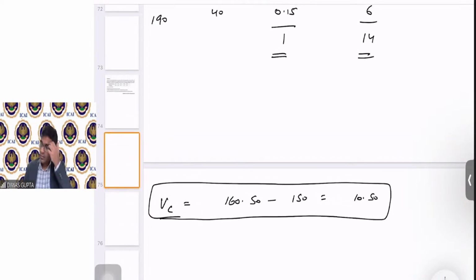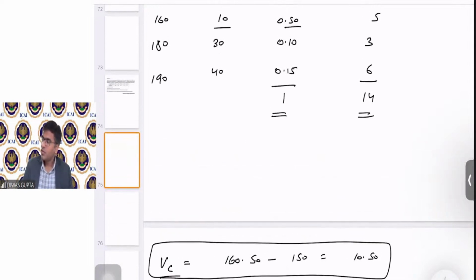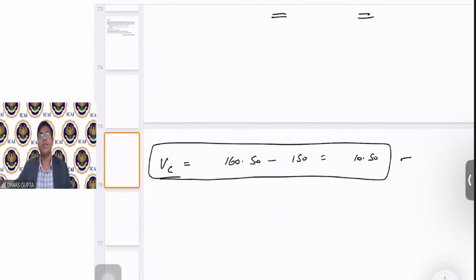Yes. So whether this 14 is right or whether this 10.5 is right, students, I just wanted to draw a parallel here. Why is 14 correct or why is 10.5 incorrect? We have to answer that.